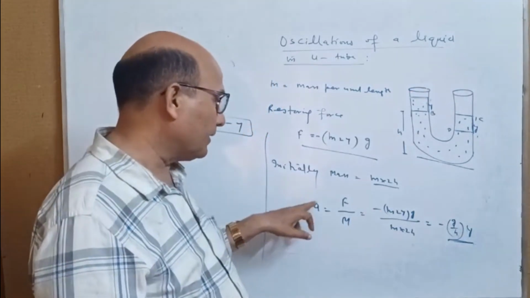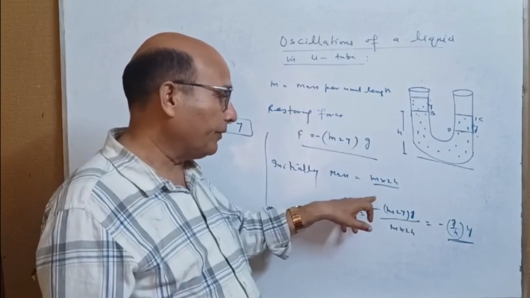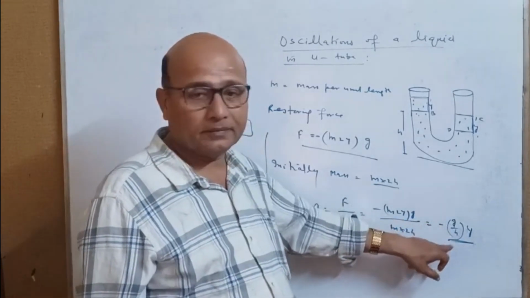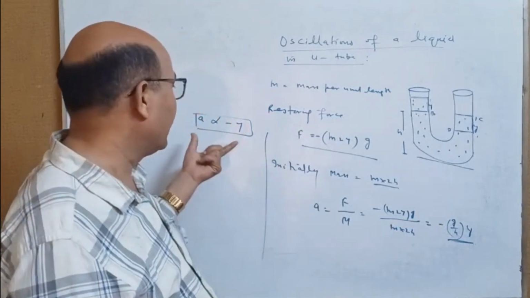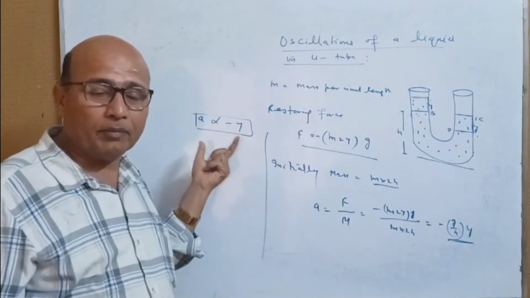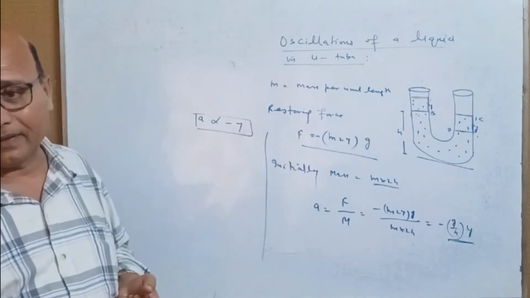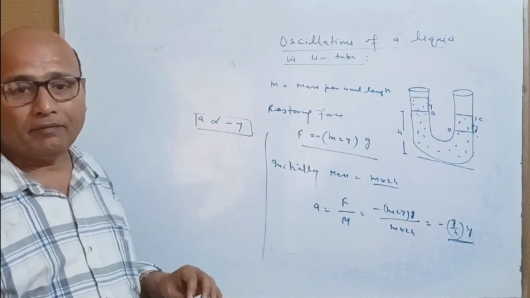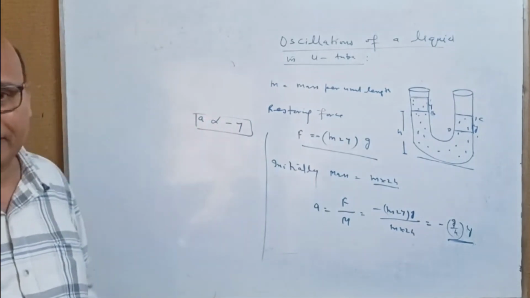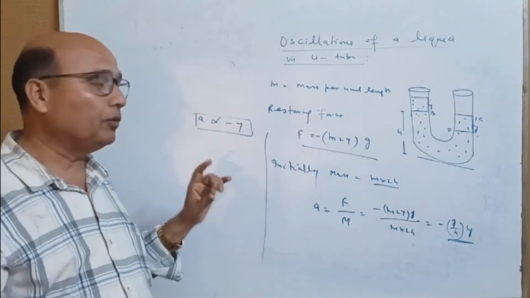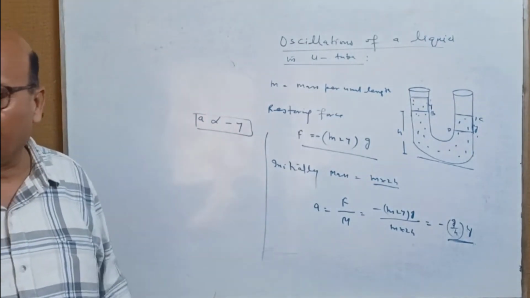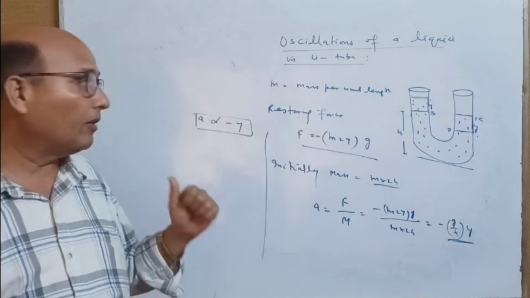Now to find the acceleration, F by m, where F is the restoring force and m is the total mass of liquid contained in the tube. We got this term, and we have proved that acceleration is directly proportional to the negative of the displacement. It means we have proved that the liquid has SHM when it is compressed through a certain distance in a tube having uniform area of cross-section. Keep in mind, again we are repeating, uniform area of cross-section.